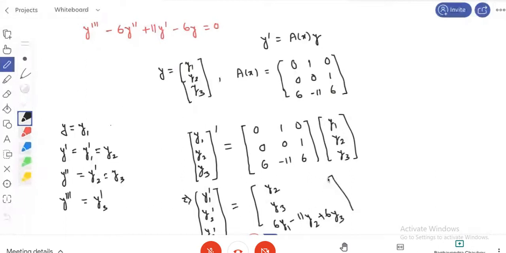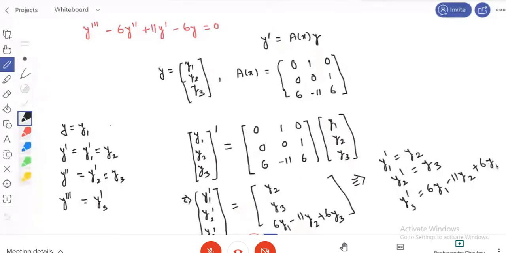So if you multiply this matrix with this, you get this thing, and this is equivalent to y1 prime is y2, y2 prime is y3, and y3 prime equals 6 y1 minus 11 y2 plus 6 y3.